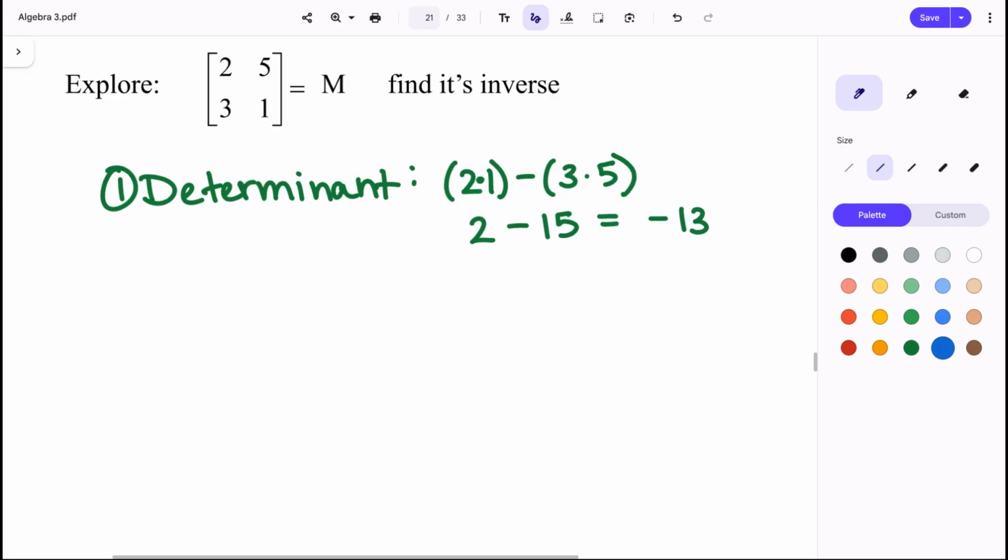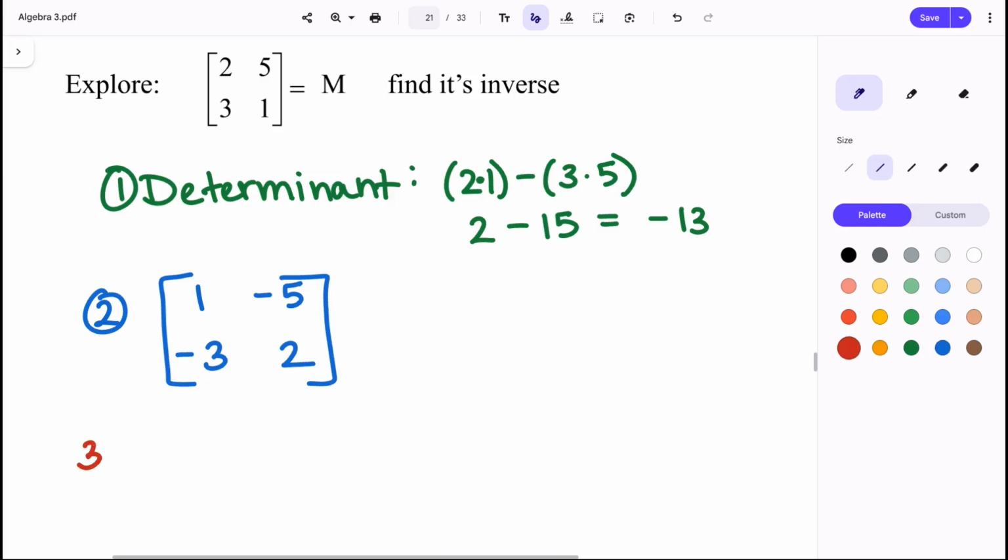Okay, step 2 is we need to rewrite our matrix. How do we do that? Not negative 3. Oh, I'm sorry. Yep, negative 3 underneath it. Good. And then the last step is to just divide all those elements by the negative 13. If you can divide it nicely, do so.